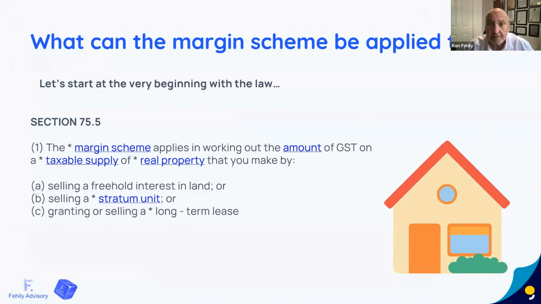If it's in blue or there's an asterisk beside it, that means it's defined in the GST law. You have to look up Division 195 in the GST Act, the New Tax System, Goods and Services Tax Act. It was supposed to be a new tax system. You have to look up Division 195 to find out what it means.